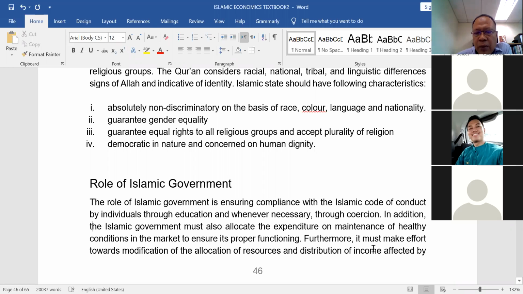Furthermore, the Islamic government must make effort towards modification of allocation of resources and distribution of income.